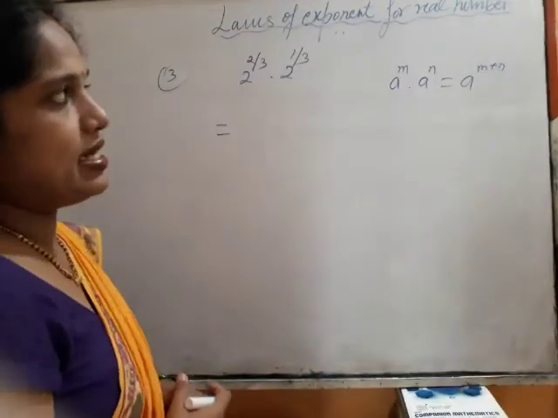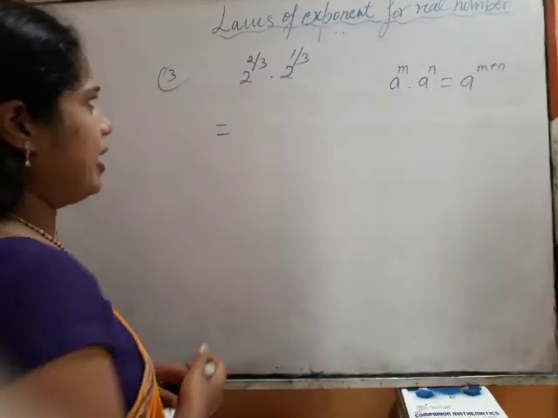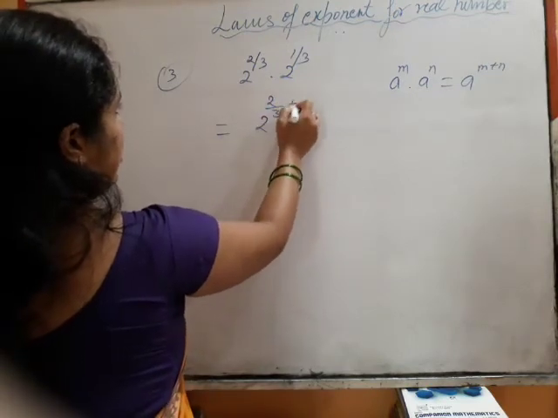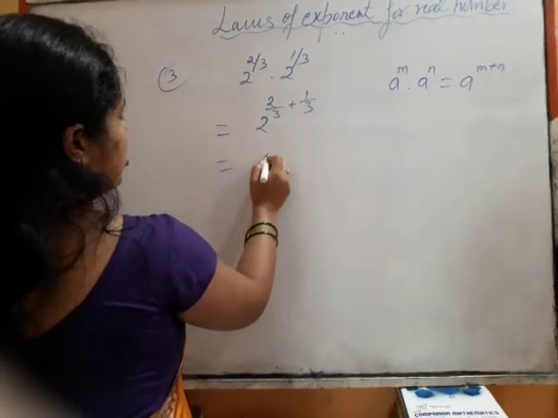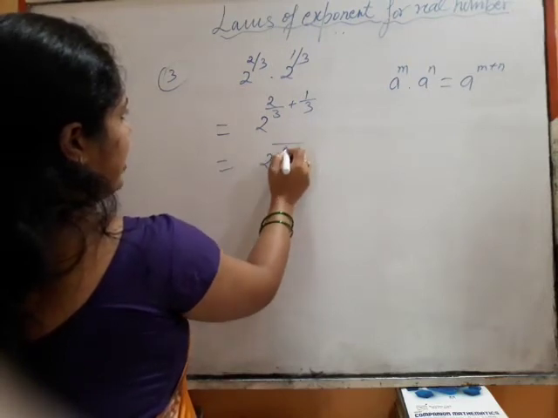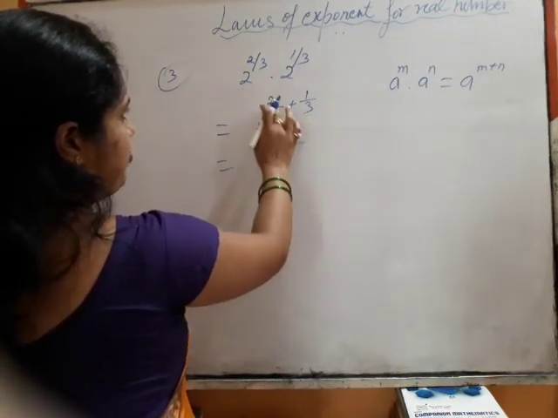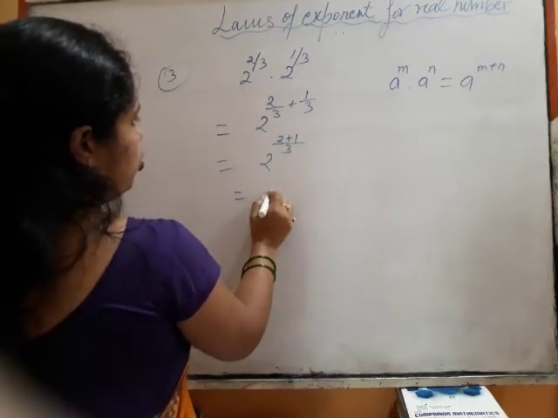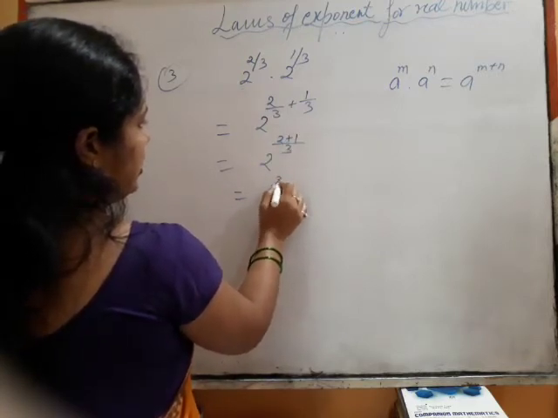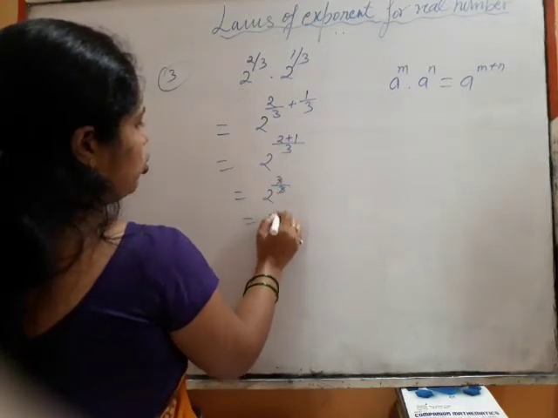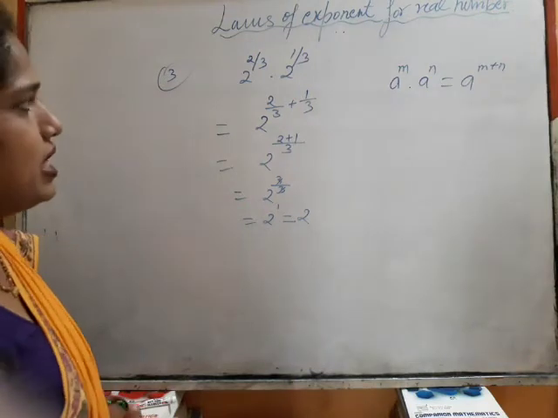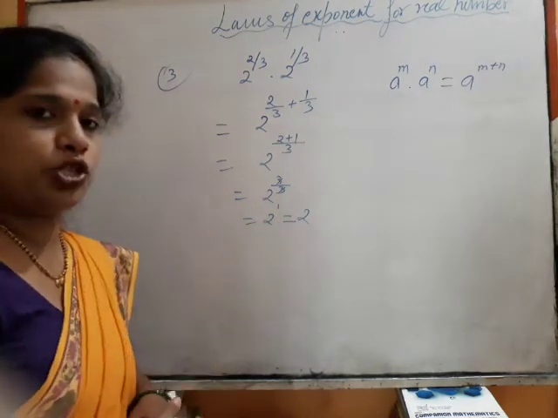So the bases are same, so exponents will be added here. So 2 raised to the power 2 upon 3 plus 1 upon 3. If you take LCM, 3 will be the LCM and 2 plus 1. So 2 raised to the power 3 upon 3, 3 will get cancelled. Now 2 raised to the power 1, that means 2.